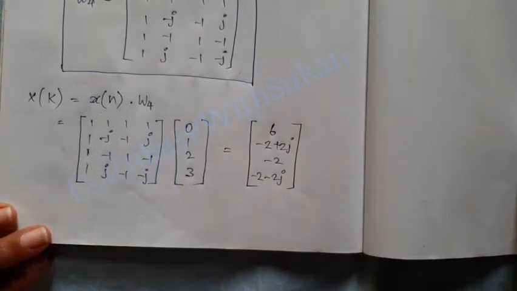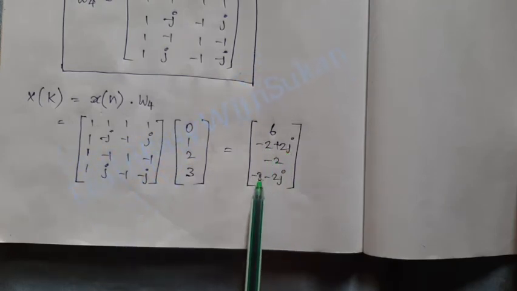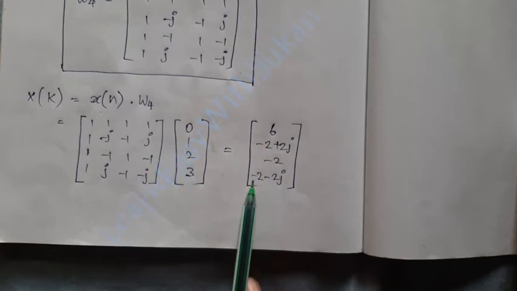So friends, here itself you have got one clue whether you have solved your answers correctly or not. For a 4-point DFT question, you must get one pair of conjugates. See here, minus 2. This is the real part, you leave the real part. This you should get the same thing. What is the conjugate?